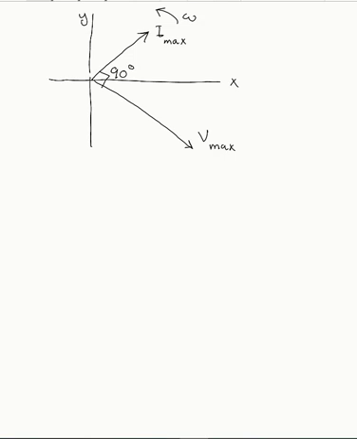Okay, so we need a strategy for this problem. First of all, we know that the maximum current I max and the instantaneous current have this relationship with each other, that I equals I max sine omega t. This is what we know from equation 24.2.